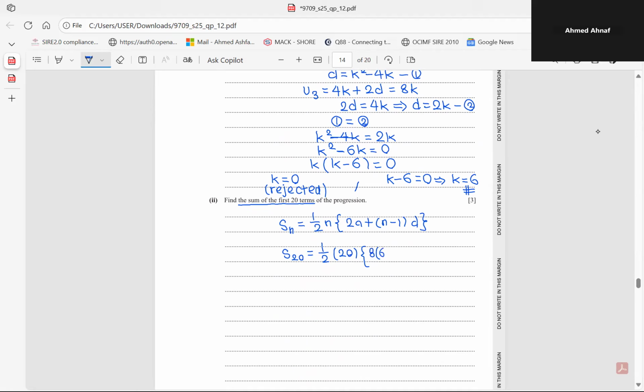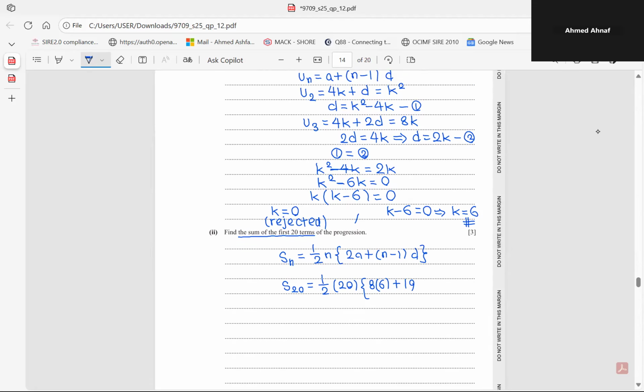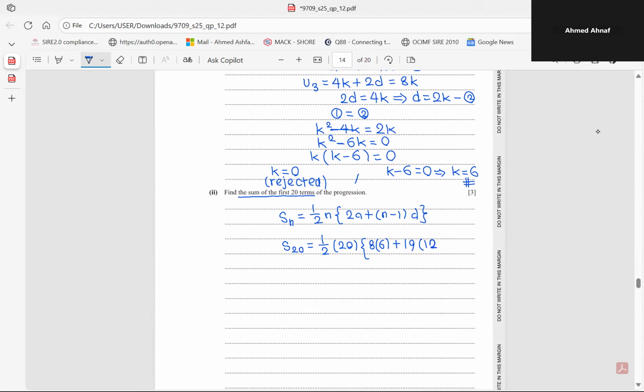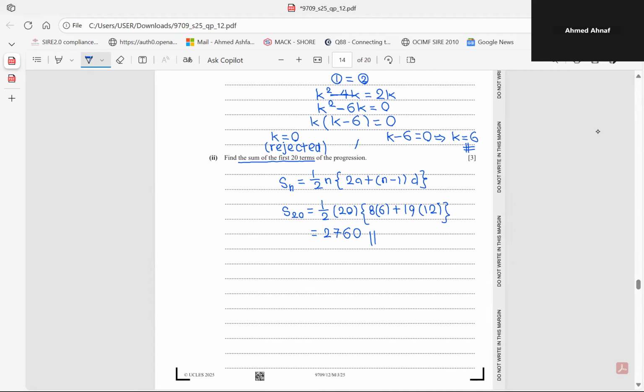So 8 times 6 plus n minus 1, which is 19, and then d is equal to 2k. So 2 times 6, that is 12. Okay, now just type all this into your calculator. So you'll get 2,760. So this is our final answer for this part.